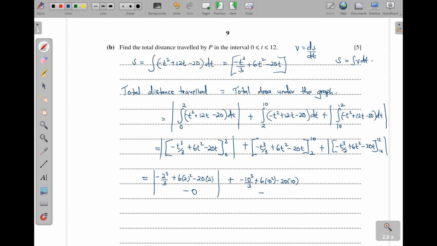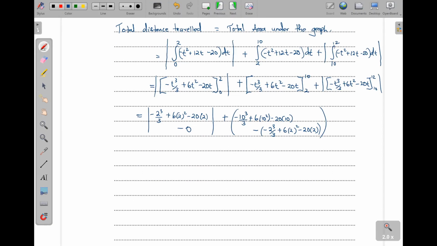Then subtract, let us put 2. This is negative 2 cubed over 3, then plus 6 times 2 squared minus 20 times 2, like that. Then we can put on another one here, the last one, plus we are having negative 12 cubed over 3, plus 6 times 12 squared minus 20 times 12, and then subtract.